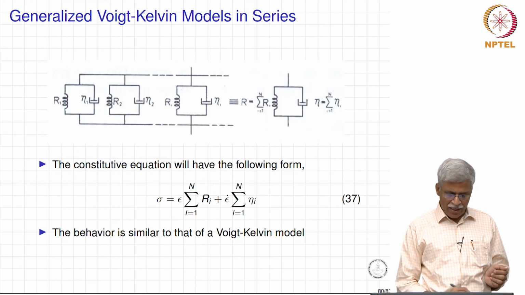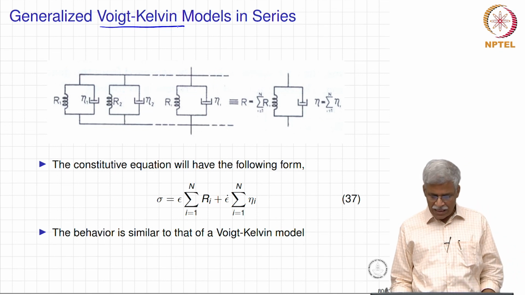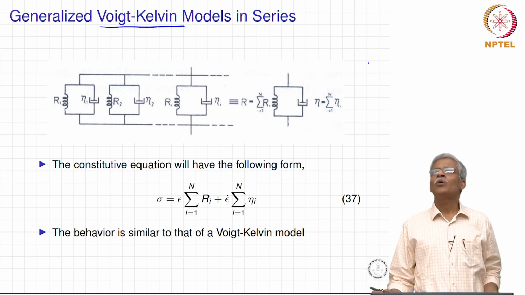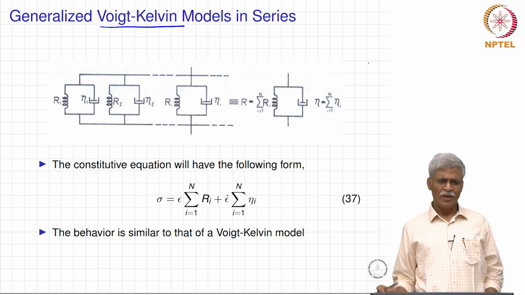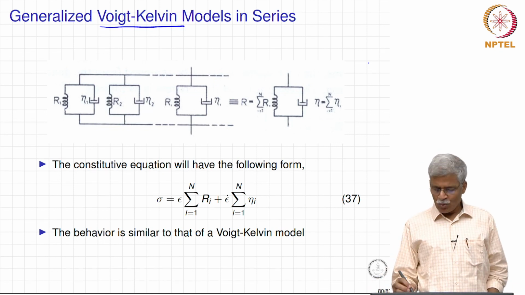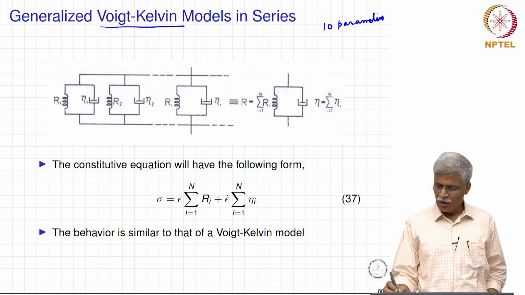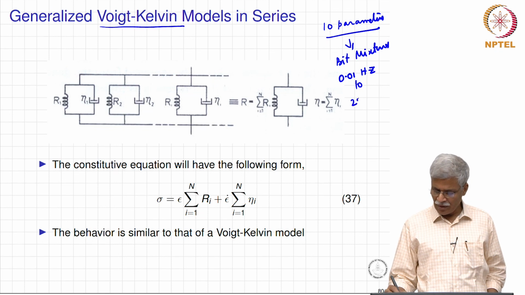And similarly, you can have what is really called the generalized Voigt-Kelvin models in series, and again it can have as many relaxation or as many retardation times as you really want. And what we have seen in most of our modeling attempts, when we work with many of our students doing their PhD, sometimes we have even tried to use sets of more than 10 parameters to explain the response of bituminous mixtures over a range of frequency from 0.01 hertz to 25 hertz.